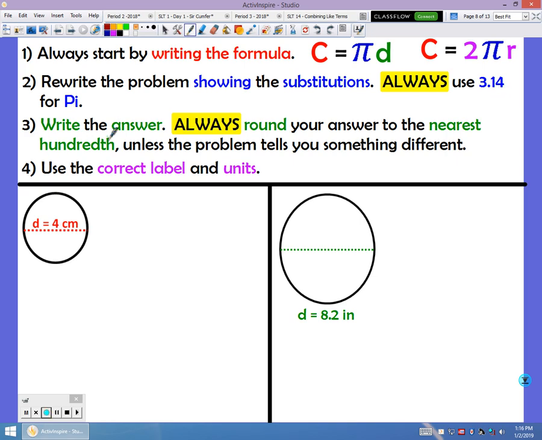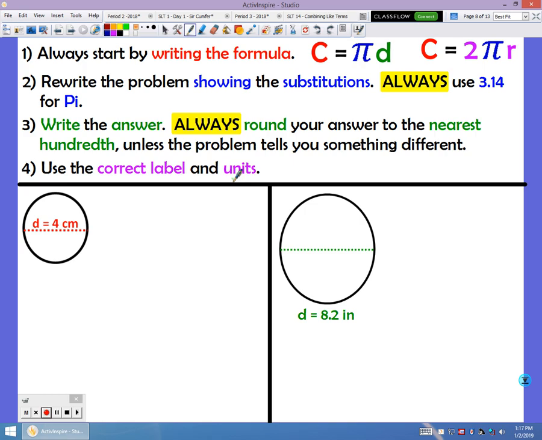Then we will write the answer. You will always round your answer to the nearest hundredth. That's 2 place values past the decimal, unless you are told to do something different. Finally, we're going to use our correct label and units. Okay, so let's get started.